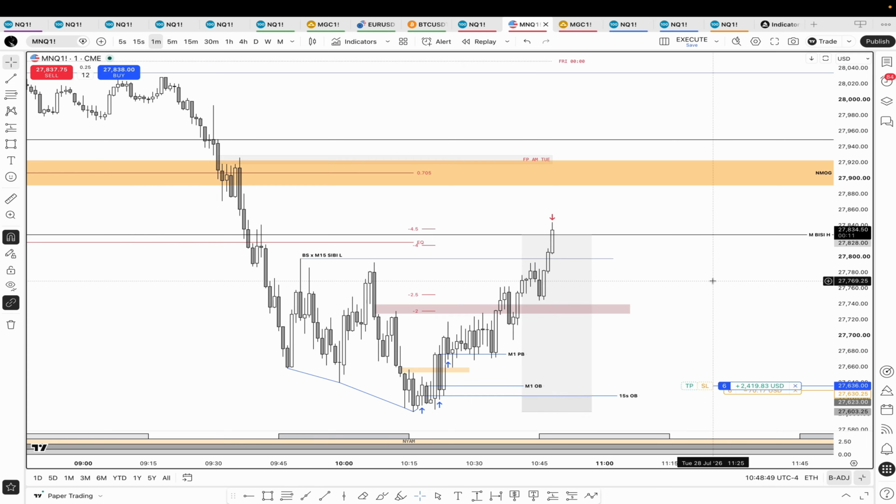We simply tease engaging that buy side, and then we come down, we reaccumulate orders inside of this order block since it delivered into this BISI right here, and we reaccumulate orders inside of this BISI here. You'd look for it to just move very aggressively. There's an objective in play from this segment of price action that resides right here. We know that this -4, -4.5 is where price action is currently drawing towards.